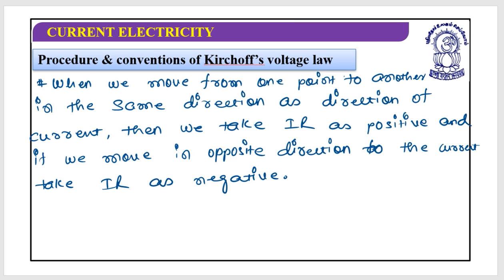When do we consider IR positive and when negative? If we are moving in the same direction as the current, we take I into R, the potential difference across the resistor, as positive, and if we move in the opposite direction, we take IR as negative.